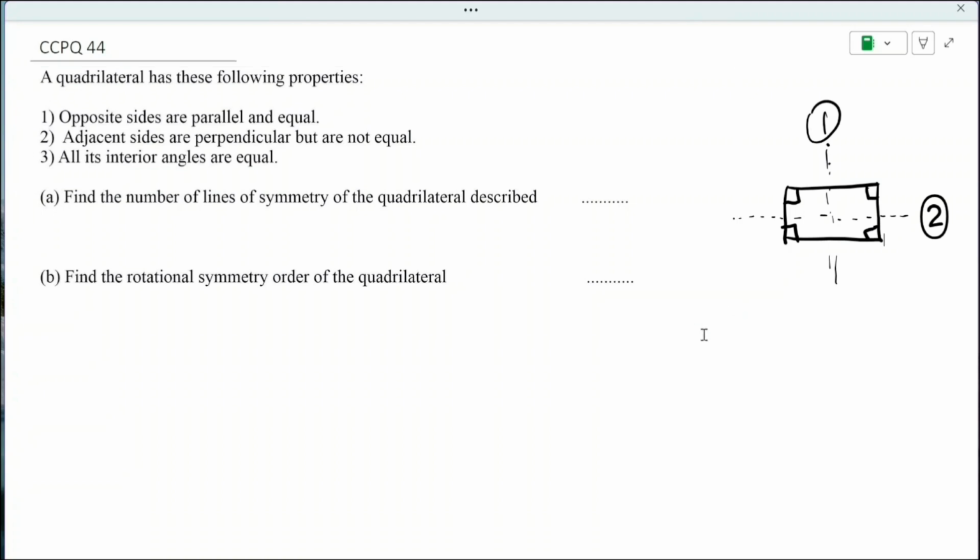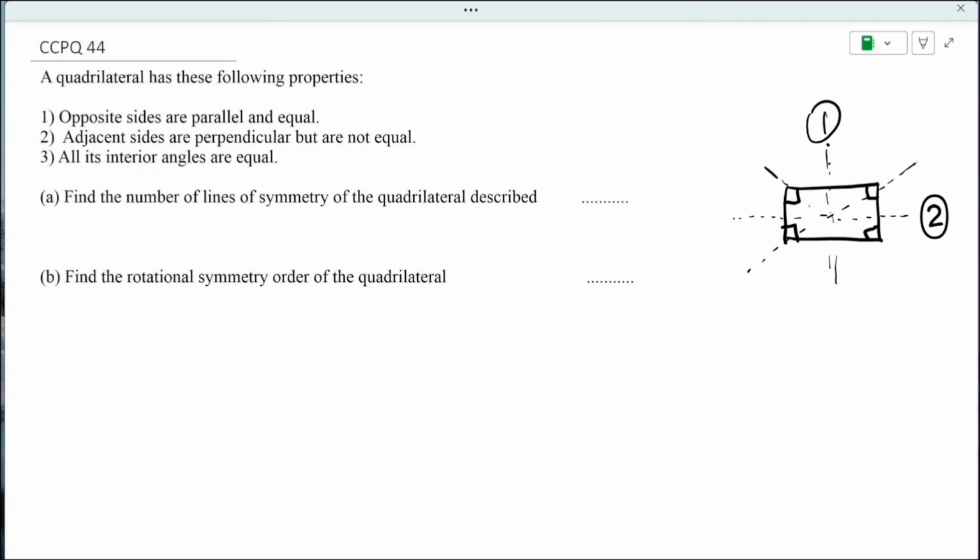If you take the rectangle and fold it at the middle here, you get the two sides aligning on one another. But if you consider this diagonal and fold the rectangle along the diagonal, you will notice that this side doesn't sit exactly on this other half. So this is not a line of symmetry.